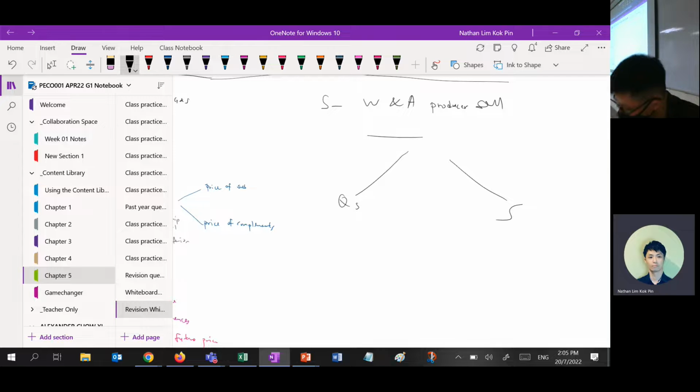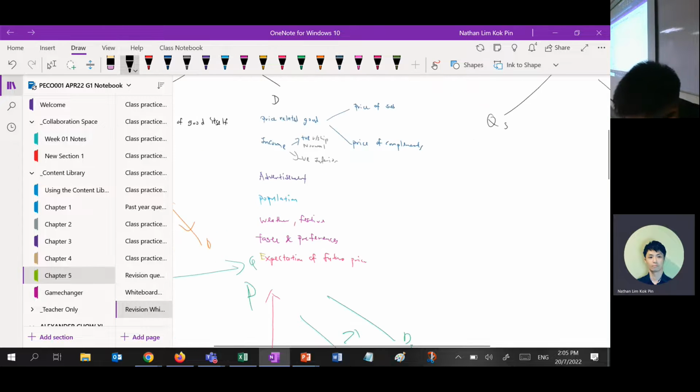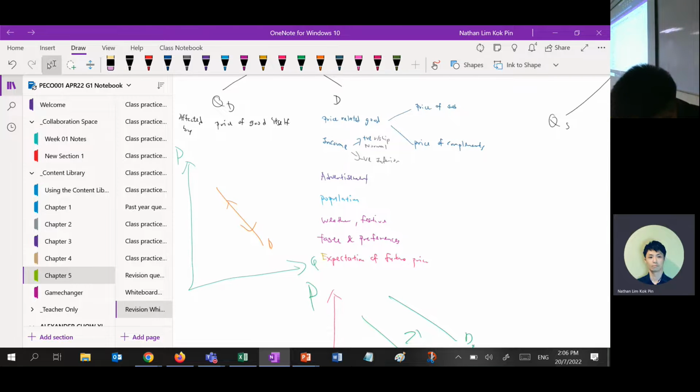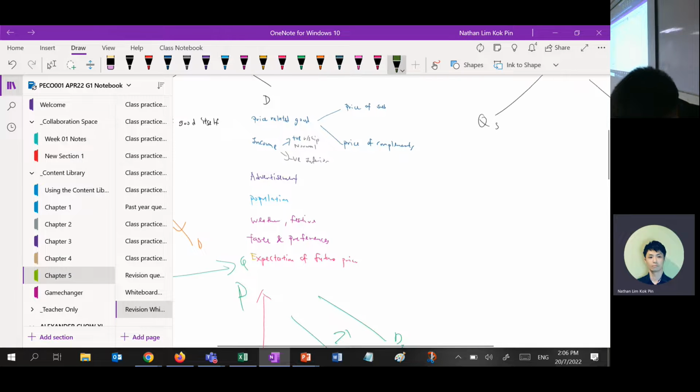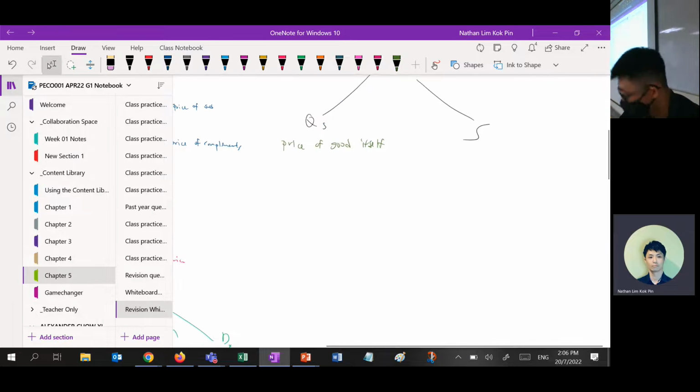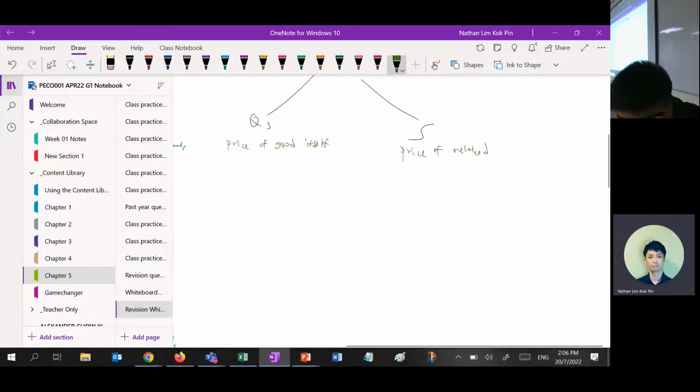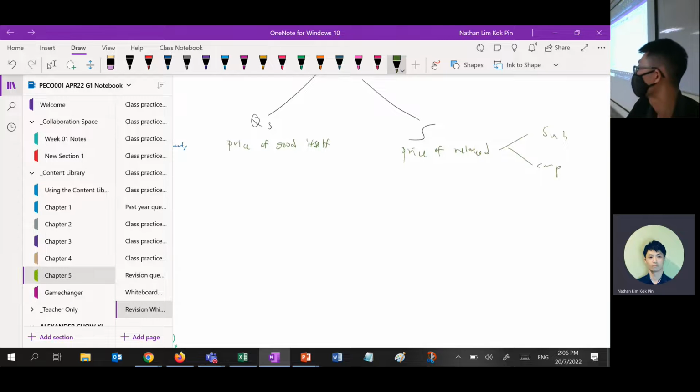Producer. Okay. Quantity supplied is also affected by one factor only, which is the price of the good itself. But the factors that affect supply are totally different. Some of them are the same, because they still have price of related goods, which are substitutes and complements.